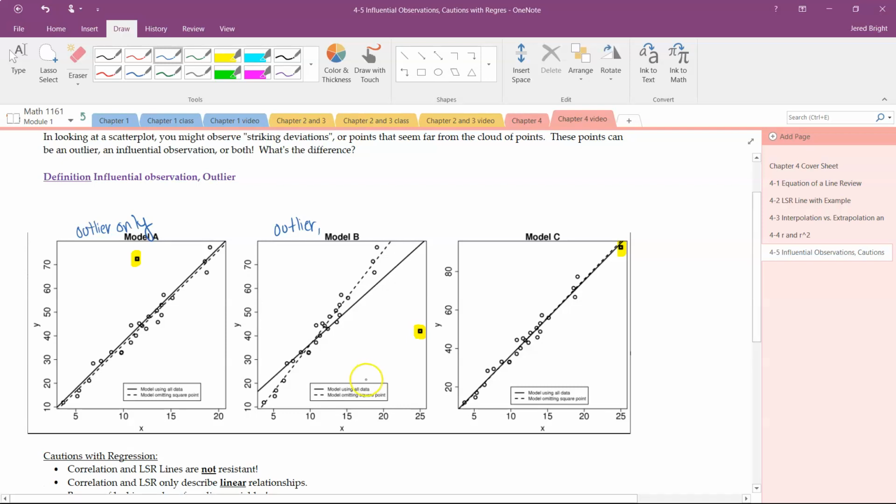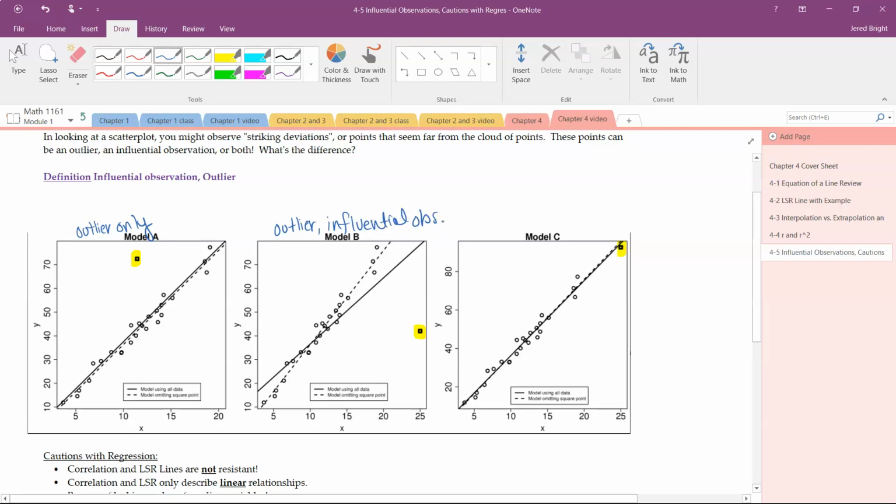Again, the solid line is the model with all the data, and the dashed line is without this square observation. They do appear to be significantly different. How significant, we might have to quibble over, but they are different in a measurable way. So I would say in this case, this square observation is also an influential observation.